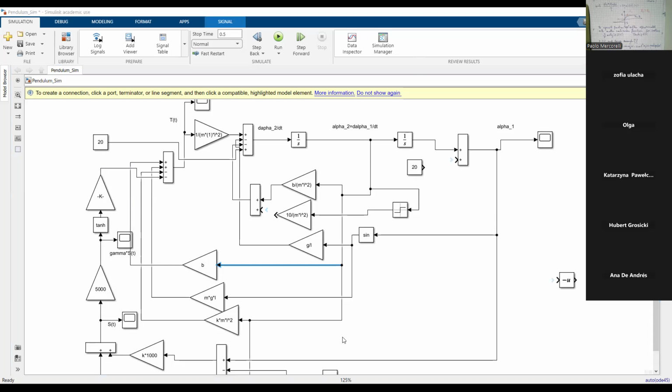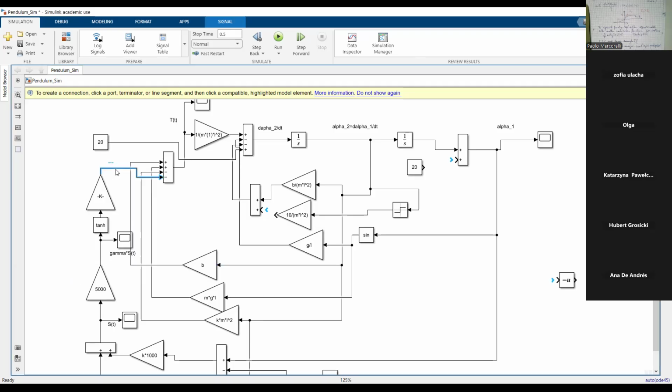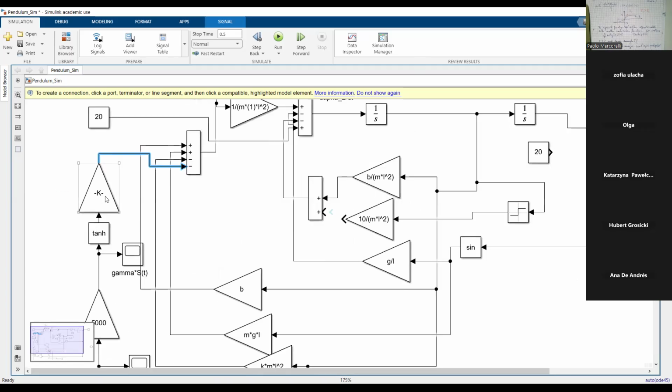Excuse me. Now, again, I will repeat again. Here, we have exactly ml squared and the approximation of sine. Multiply eta is here.